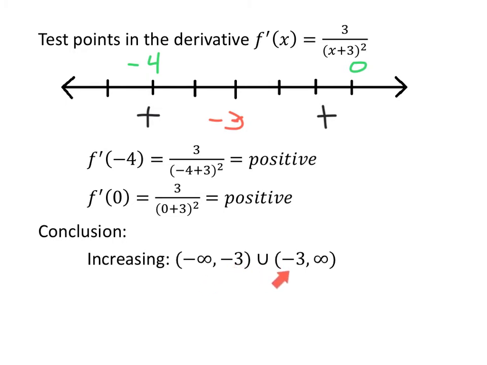Exception of where the denominator of the derivative is 0. So it's increasing from negative infinity to negative 3, and then again from negative 3 to infinity. We have to put that cut in there, though, because negative 3 is not in the domain of the function, not in the domain of the derivative either.